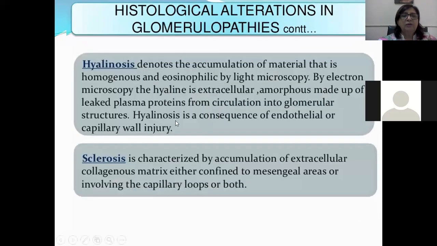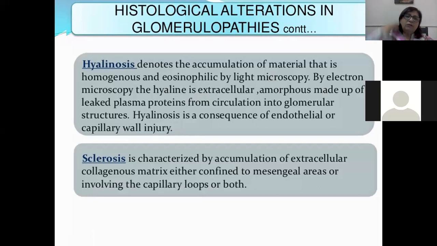Hyalinosis. Hyalinosis denotes the accumulation of material that is homogeneous and eosinophilic by light microscopic examination. By electron microscopic examination, the hyaline is extracellular, amorphous, made up of leaked plasma proteins from the circulation into the glomerular structure. Hyalinosis is a consequence of endothelial or capillary wall injury.